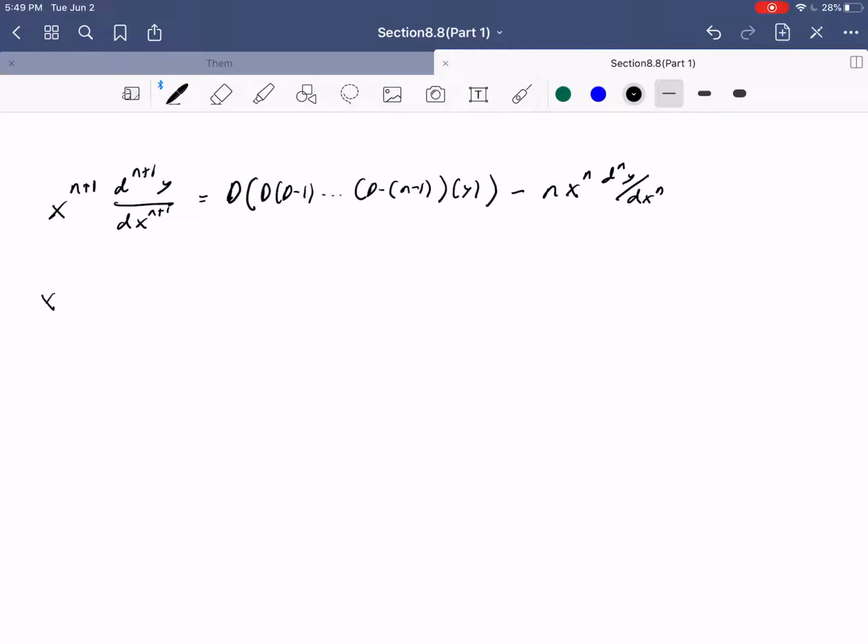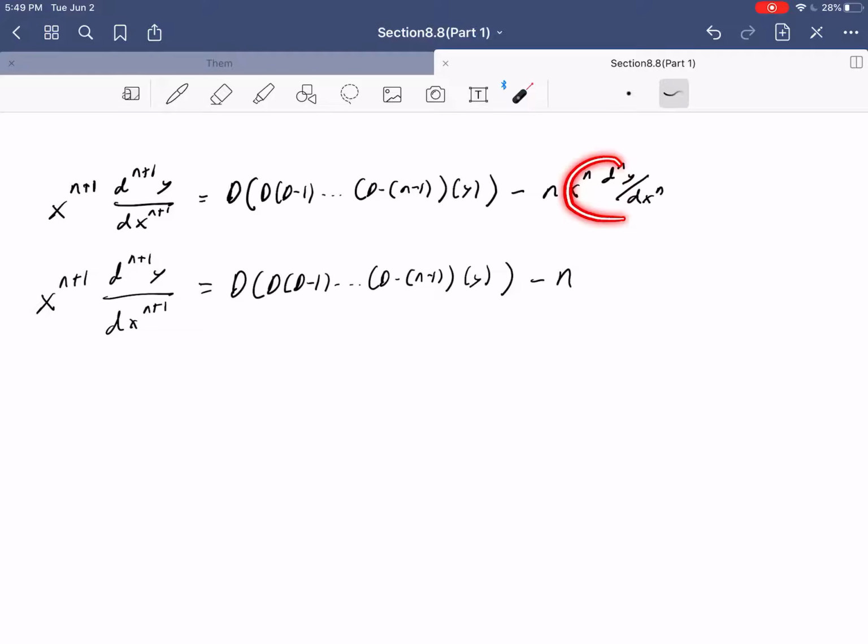So this tells us that x to the n plus 1 d^(n+1) y over dx^(n+1) is d of (d minus 1) down to (d minus n minus 1) of y minus n then times this guy, which we said would be (d minus 1) down to (d minus n minus 1) of y.